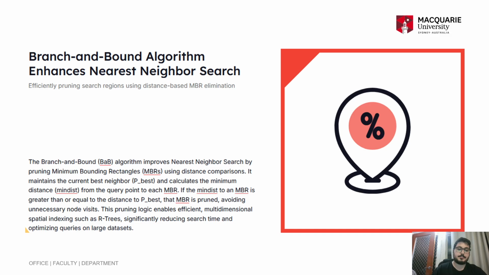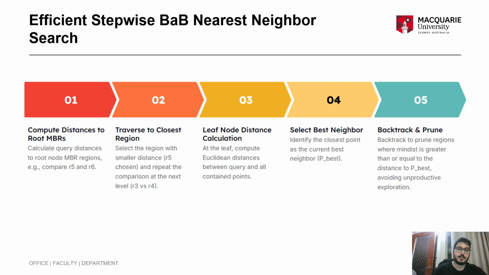After that, we can backtrack from the current leaf where we found the nearest neighbor, and then prune the other regions that are farther than the current nearest neighbor.